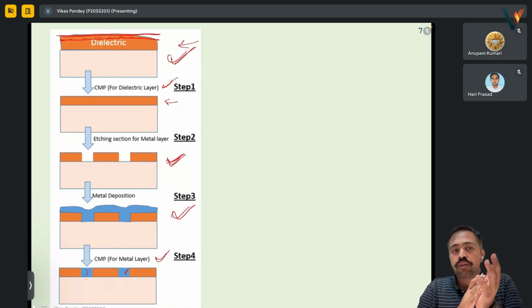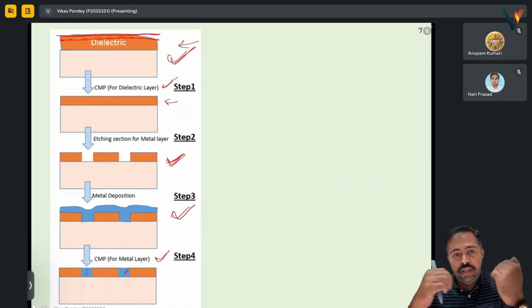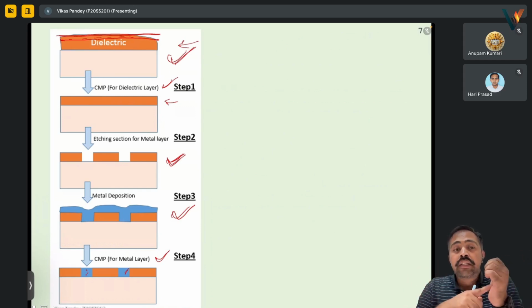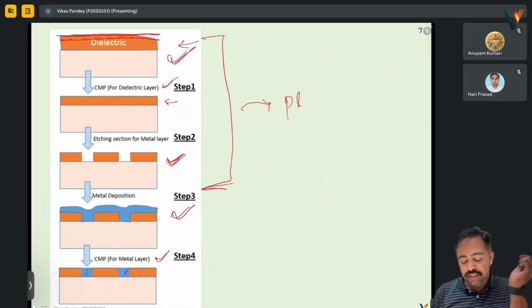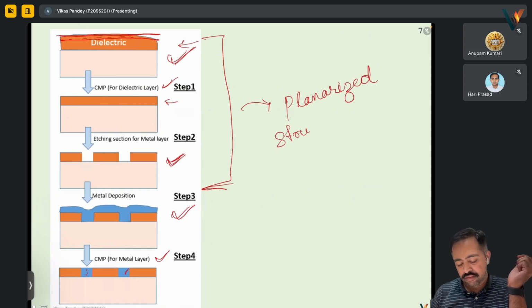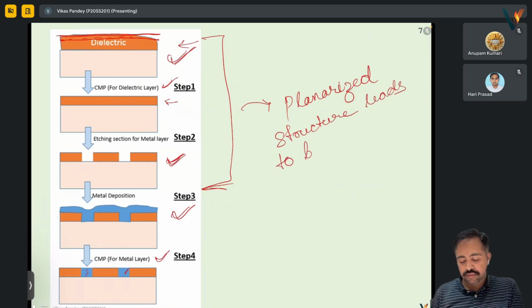So this is also a technique that is sometimes used for forming the contacts. And one main advantage, if we see this part, is that the planar, planarized structure leads to better yield.